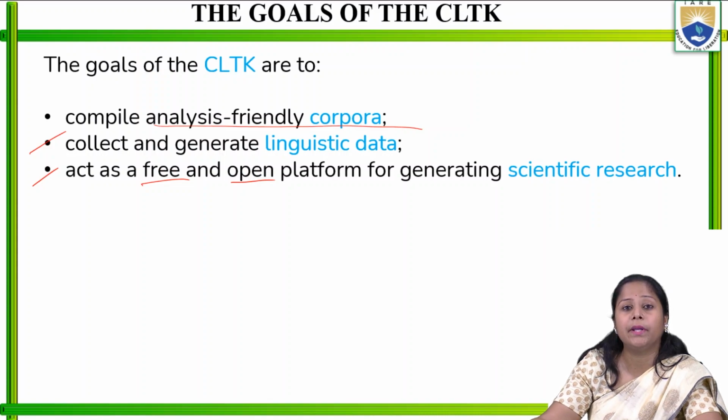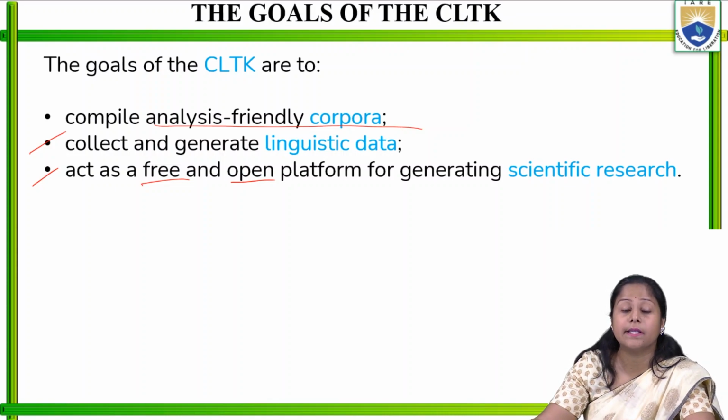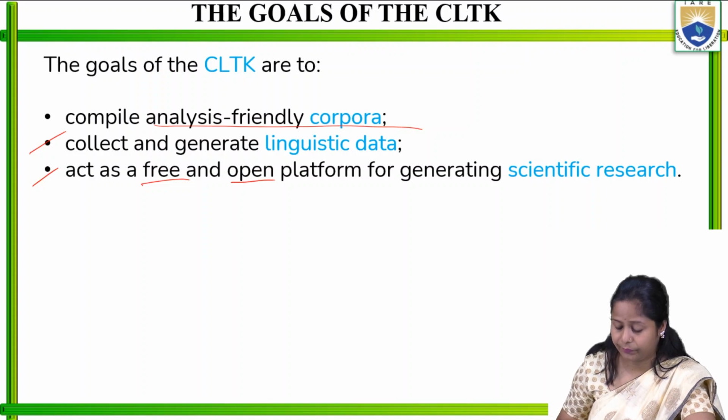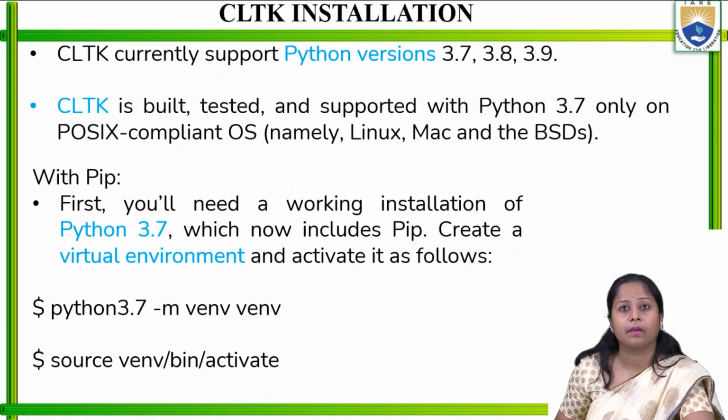For developing NLP applications and NLP models, we use the CLTK library when we need ancient languages to pre-process, and we want to use those corpora. So we can use this freely available open platform. Those are the three goals of the CLTK library.